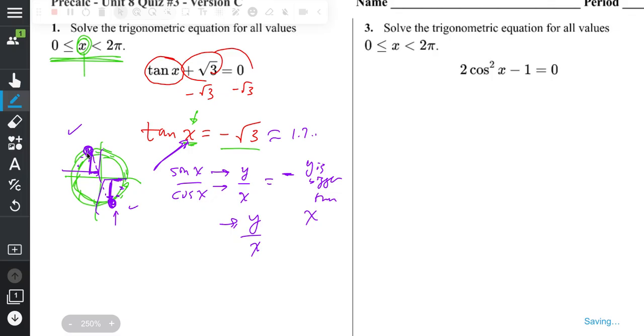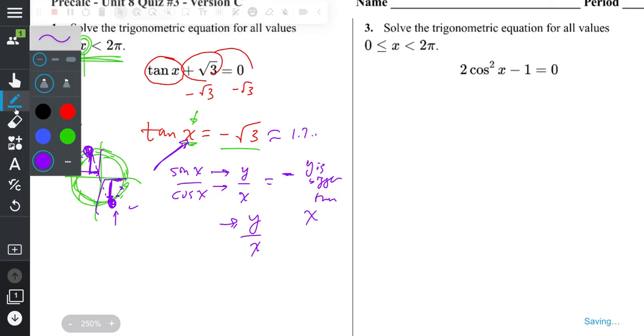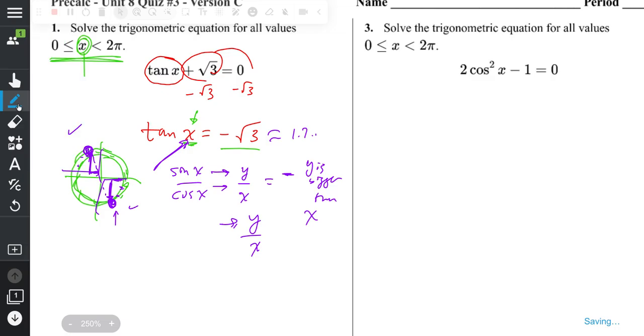Okay, these two spots. Now here's my shortcut for naming that angle in radians. If it's 0 to 2 pi, we have to talk radians, not degrees. The stops along the circle that are closer to the y-axis, these are your thirds. These have 3 in the bottom of the fraction.